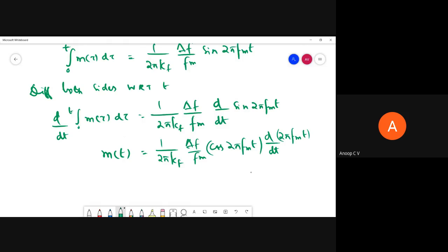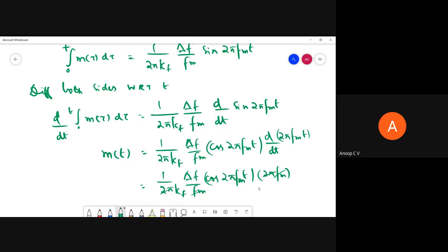So here you can see, I'll write 1 by 2 pi kf delta f by fm cos 2 pi fmt into 2 pi fm. Now we can see this fm and fm will get cancelled, 2 pi and 2 pi will get cancelled. So what we have is delta f by kf cos 2 pi fmt.